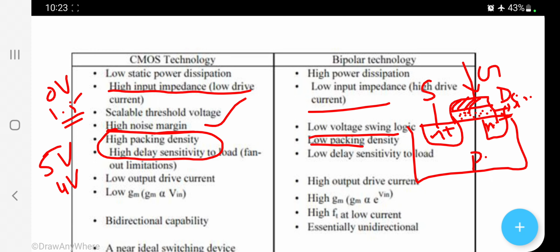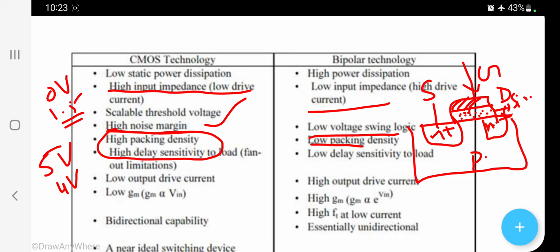Okay, don't think that bipolar means what you have done in experiments using discrete components. Here bipolar technology is also IC form, CMOS technology also IC form, but to design and fabricate bipolar transistors, the size of the silicon required is larger when compared to MOS transistors.